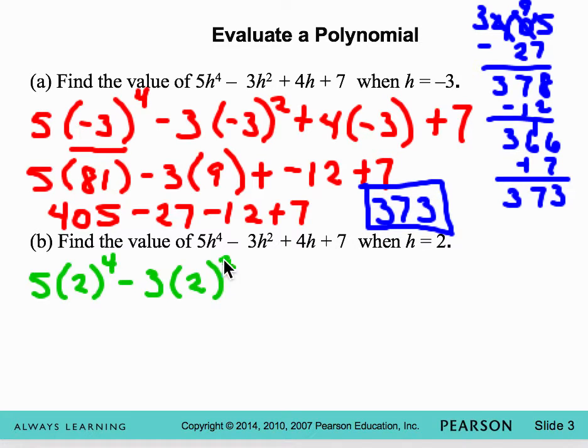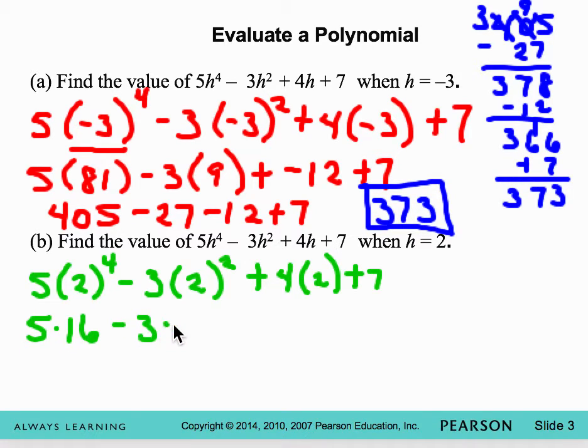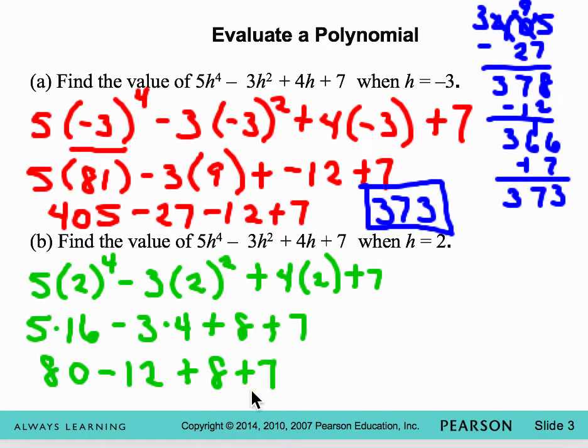So I'm going to change every one of those h's to a 2. 2 to the 4th, 2 times 2 is 4, times 2 is 8, times 2 is 16. 2 times 2 is 4, 4 times 2 is 8, and a plus 7. 5 times 16 is 80, minus 12, plus 8, plus 7.